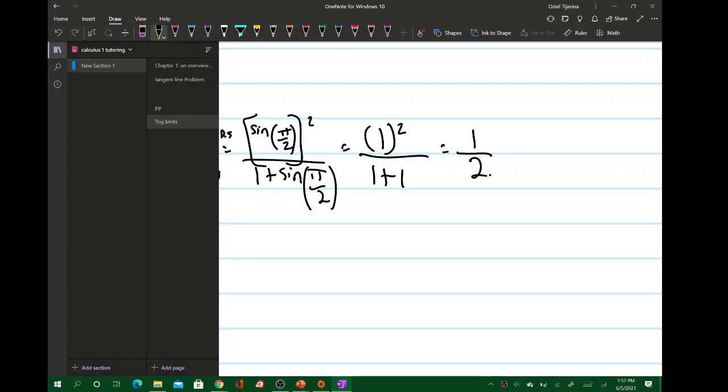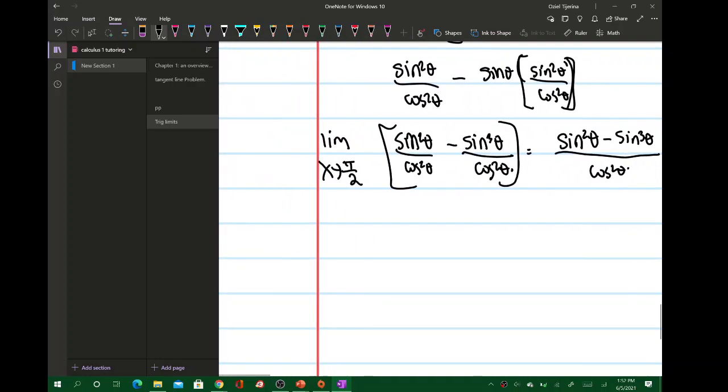So the limit as theta approaches pi over 2 of tan squared theta times 1 minus sine theta equals 1/2. I keep saying x, it's theta.